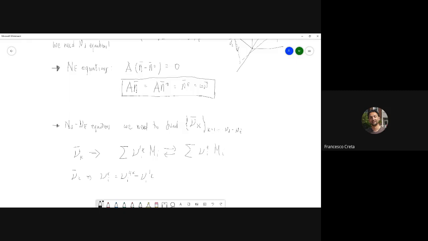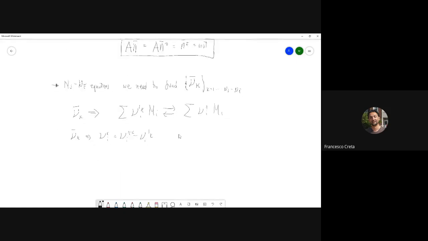And well, I have an independent reaction. It's independent because it corresponds to one of the basis vectors, which by definition are independent because they generate a vector space, which we call the kernel of A.